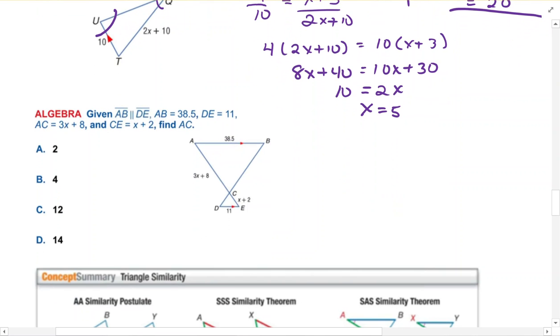Again, we know these triangles are similar by angle because we have 2 parallel lines. So we know that this is congruent to this. So triangle ACB is similar to triangle ECD.